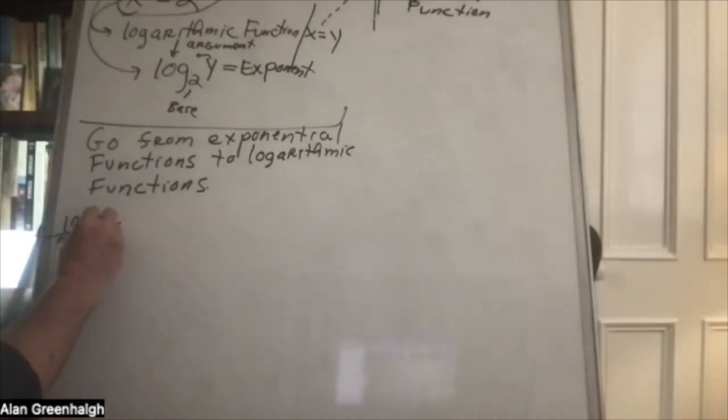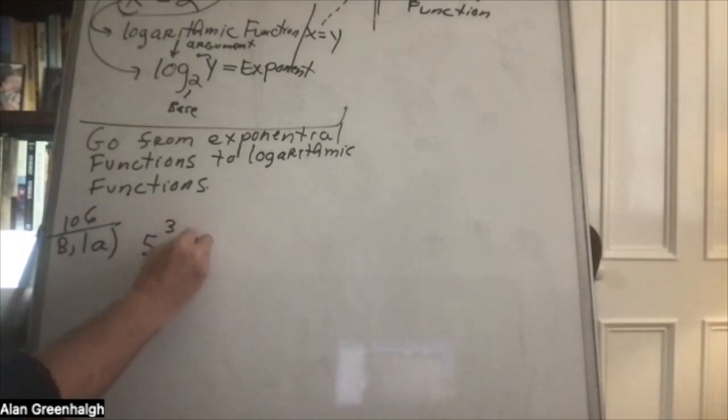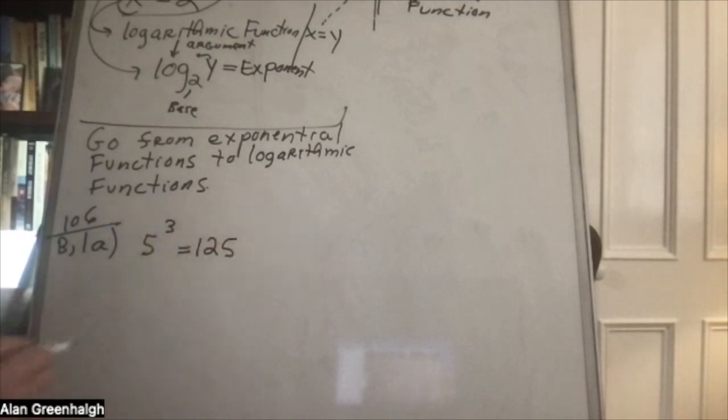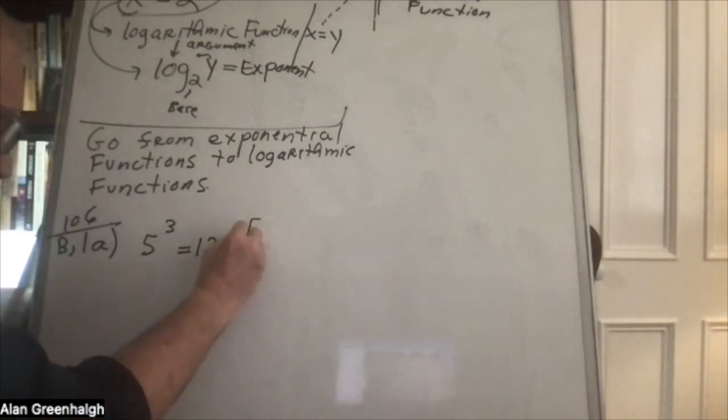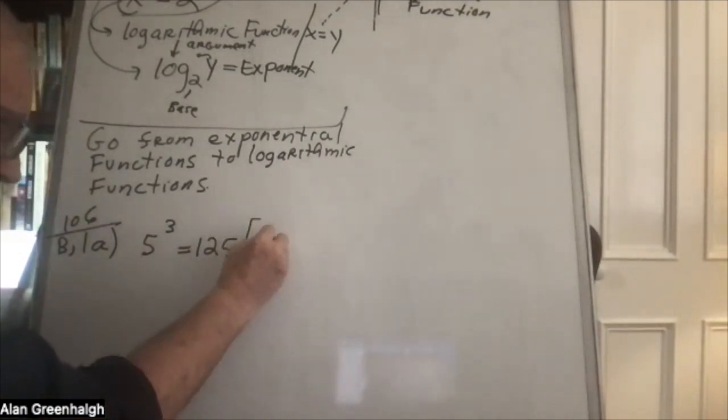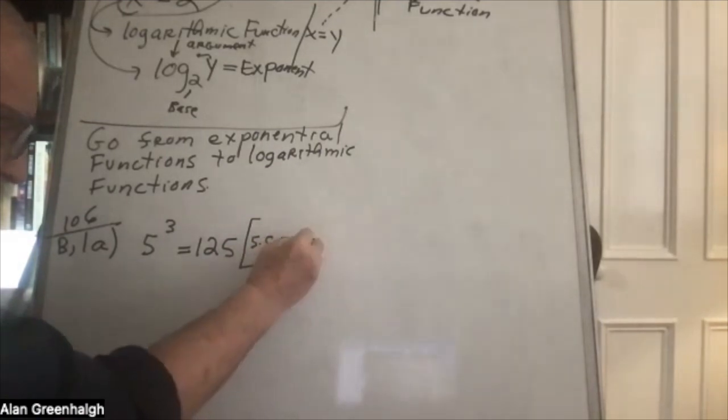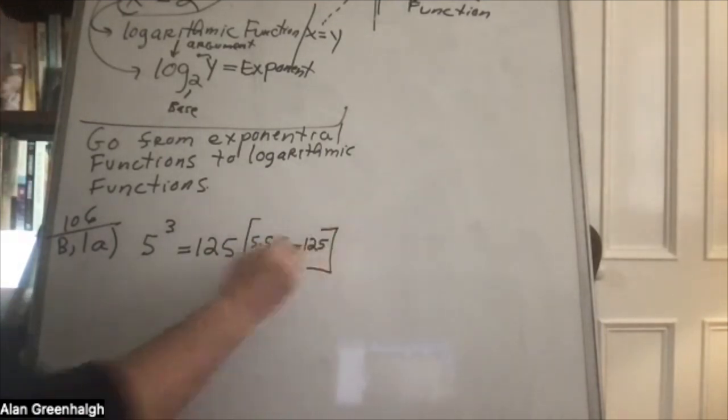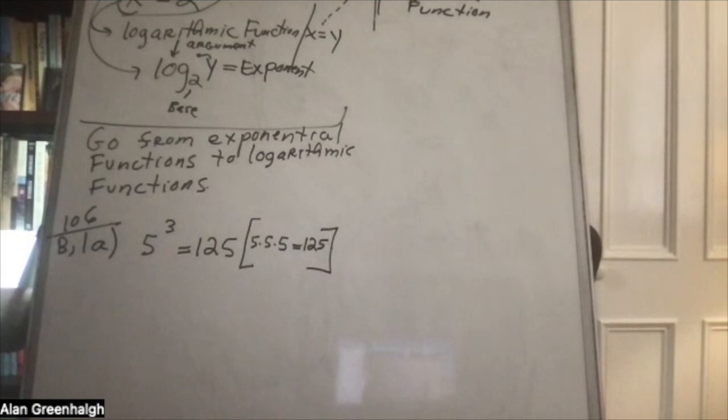So this is the first problem, 1A. 5 to the third equals 125. First of all, is this true? And the answer is yes, because 5 times 5 times 5 is indeed equal to 125. So we know this is a true statement.